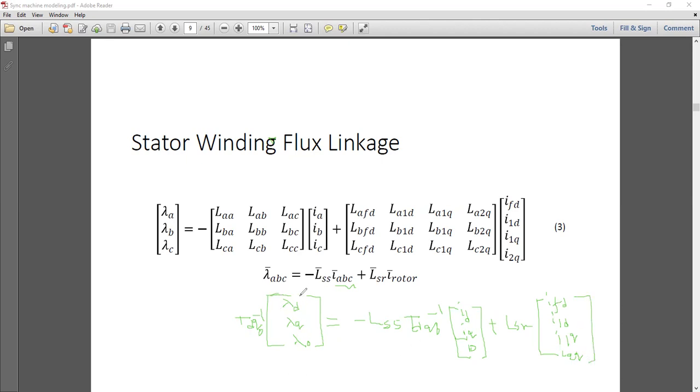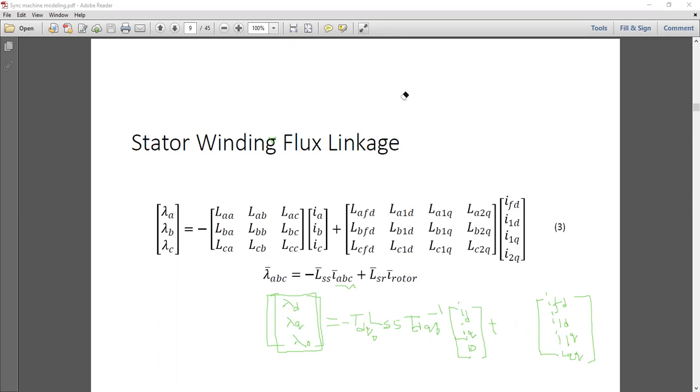Now, if I want only lambda D, lambda Q, lambda 0, I have to simply erase this and write it down here as a pre-multiplying matrix. So this will come as TDQ0. There was a minus sign, and here also you will have a TDQ0.